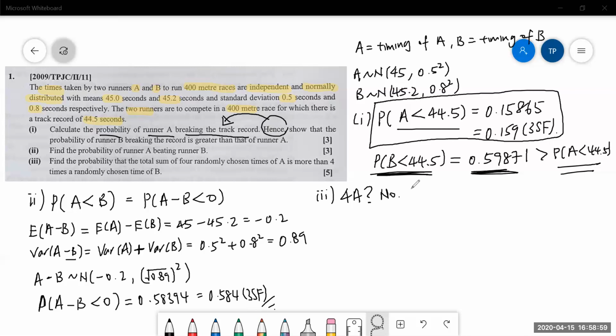It will be A1 plus A2 plus A3 plus A4, because they are independent observations. Okay. So it's more than 4 times a randomly chosen time of B. So what is that? Is it 4B, or is it B1 plus B2 plus B3 plus B4? Which one is it?